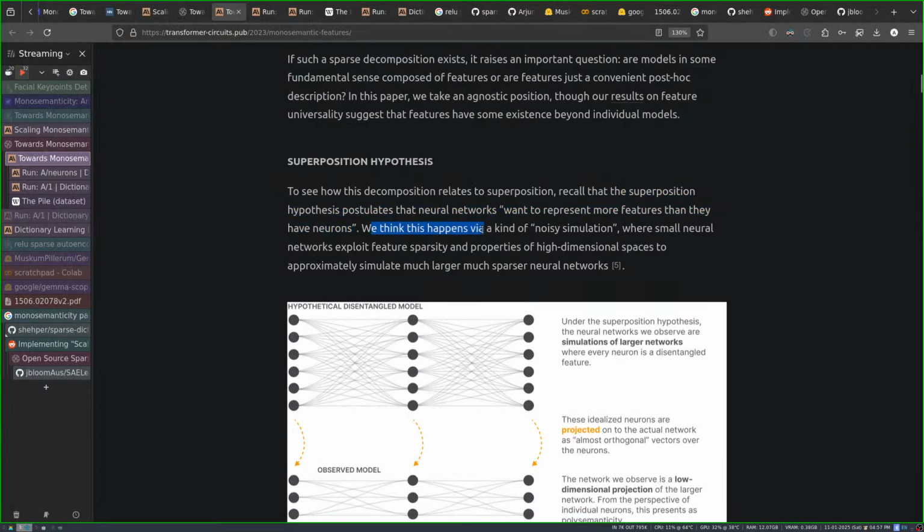We think this happens by a kind of noisy simulation. A small neural network exploits feature sparsity and properties of higher dimensional space to approximately simulate a much larger and sparser neural network.